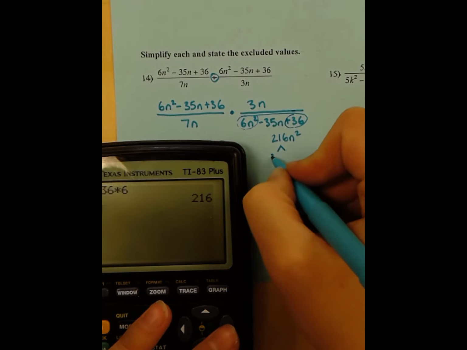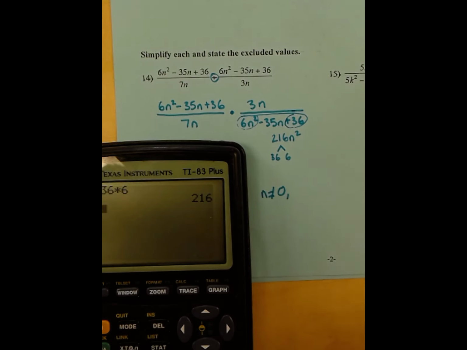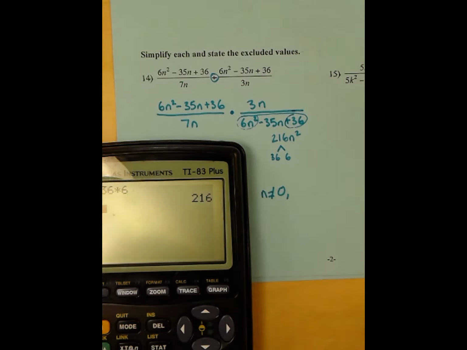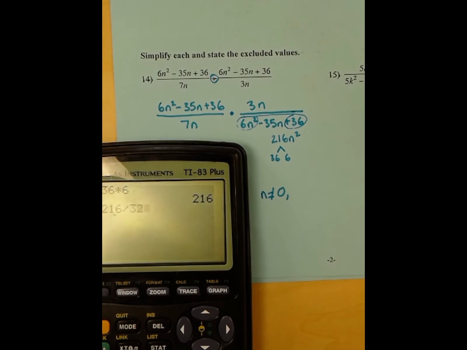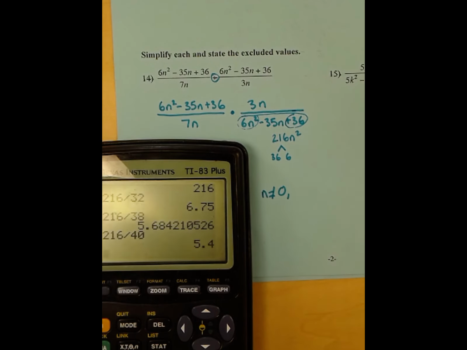Well, I know 36 and 6 worked, but that adds to 42. So maybe 216, 32, 38. Duh, okay.